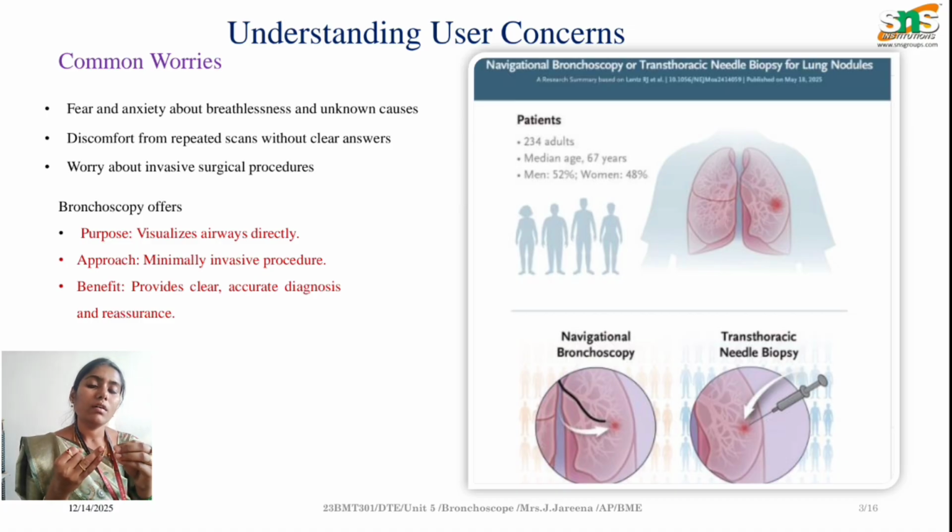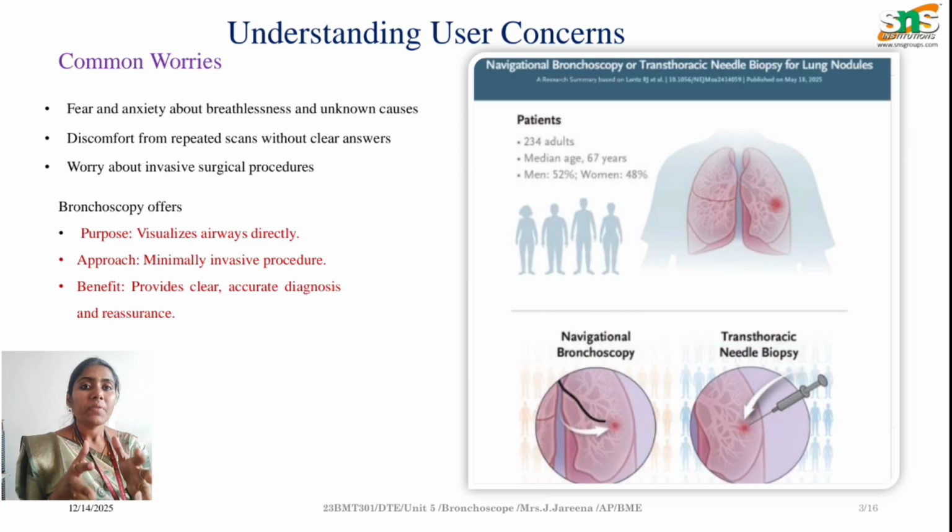Because lung related problems like pneumonia, TB, and lung cancer are very severe and dangerous, they have to be corrected at an early stage.